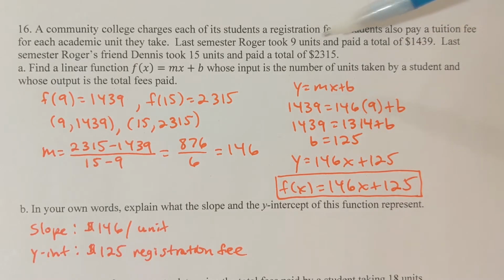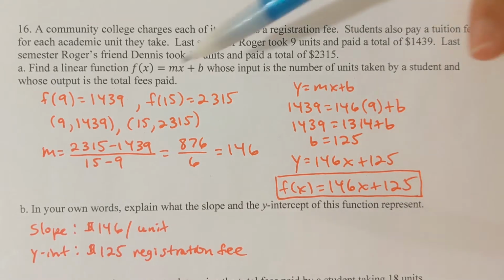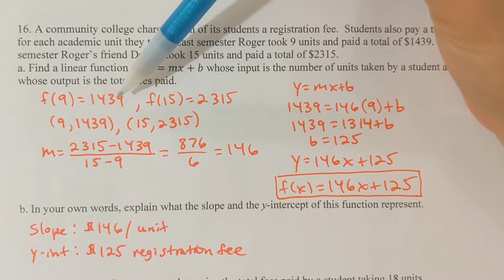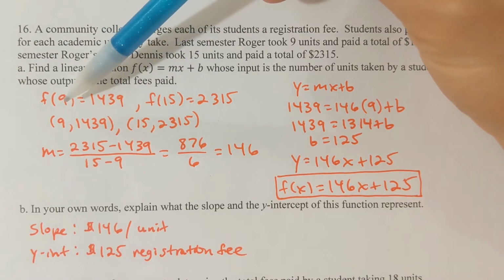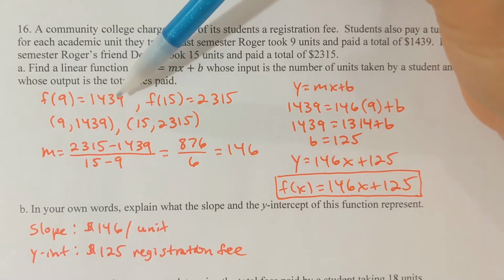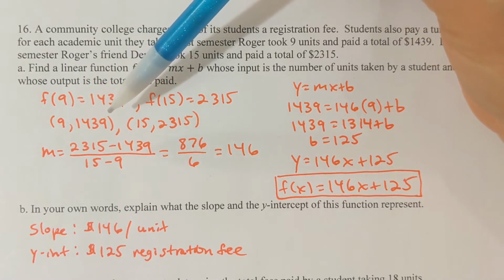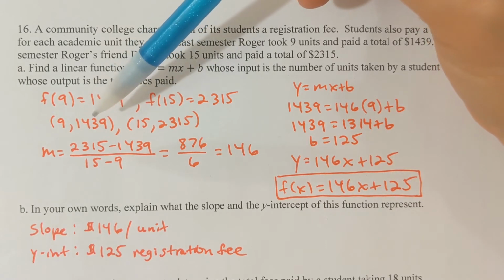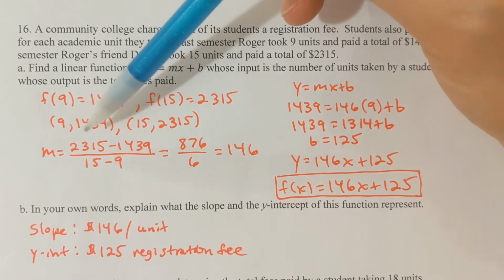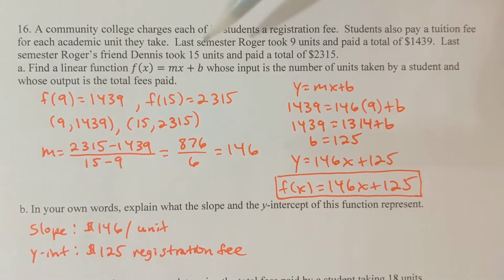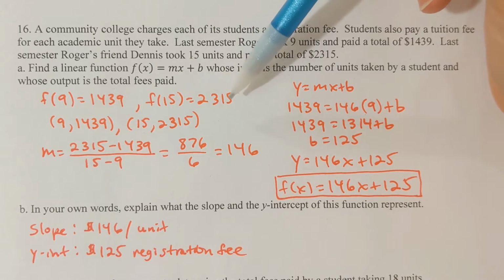Roger took 9 units and paid $1,439. So basically they're saying, if you plug 9 into the function, this is the output value that you get. Or the point 9, 1,439 would be a point on this line. Dennis took 15 units and paid $2,315.